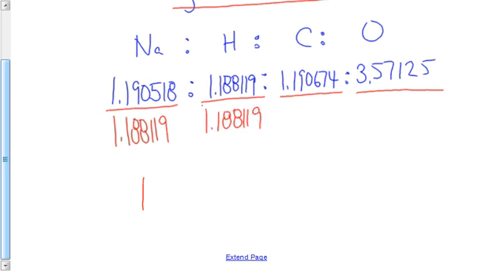When I punch that in my calculator, I get exactly 1. The next one, divide also by 1.188119, and I get 1 again. And finally, when I divide my 3.57125 by 1.188119, I get about 3.